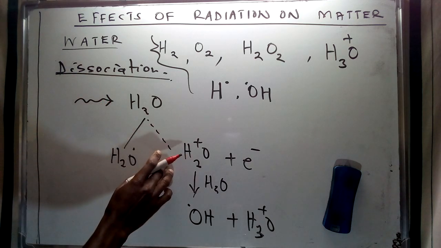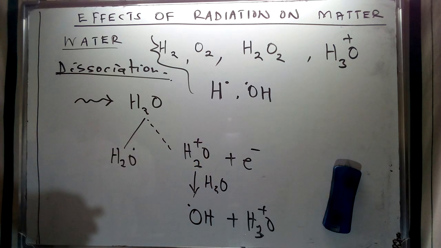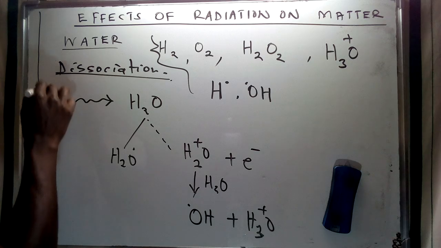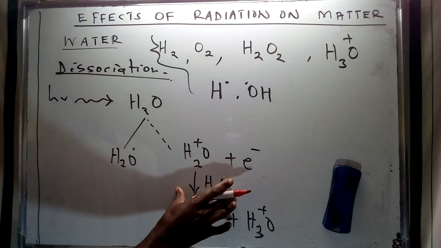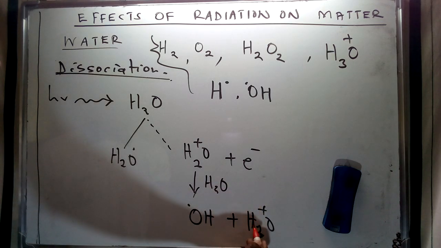In the first case, it's going to form this specific charged ion, and an electron is going to be a product of this interaction with the radiation. And the interaction between this ion and water is going to result in the formation of a radical and the hydrogen ion.